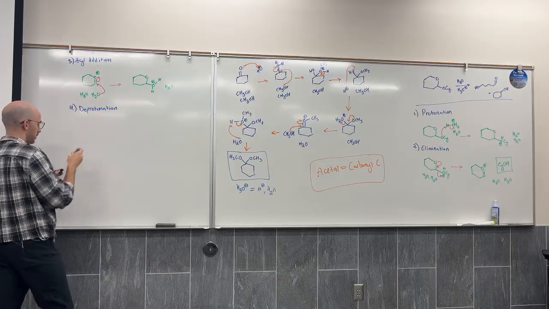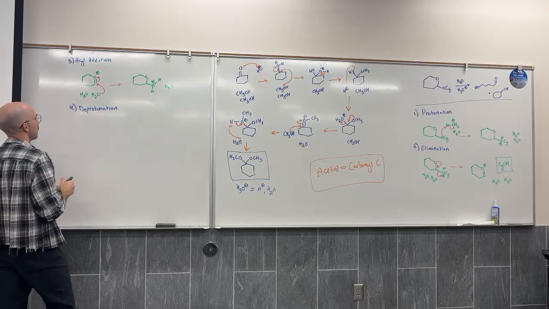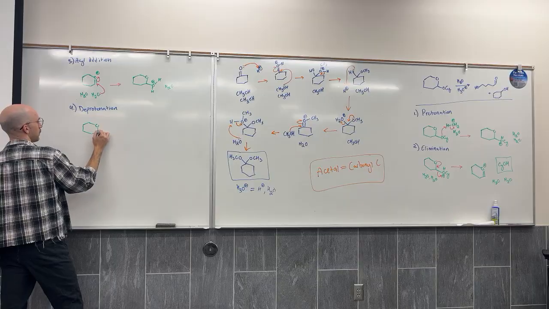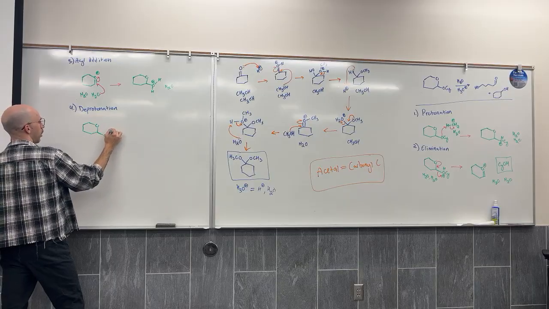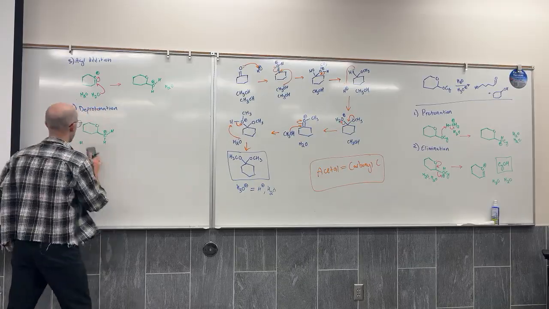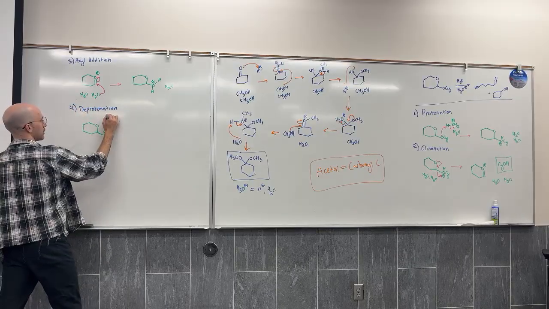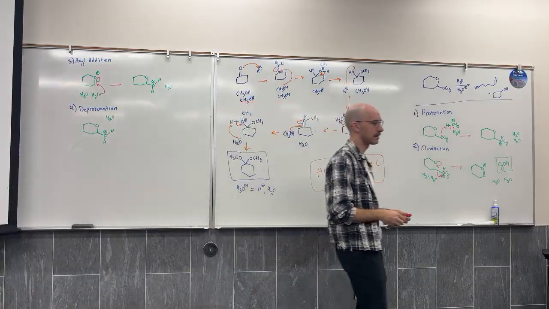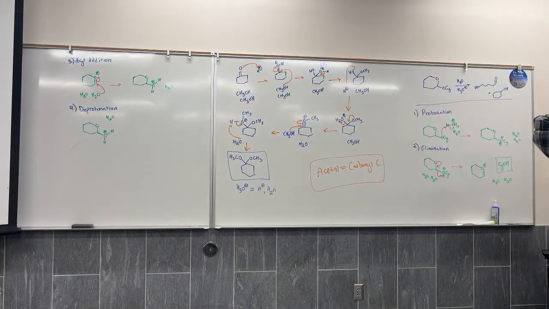When I see that positive charge on my structure, I'm looking for a way to take a hydrogen off of it. If there is no way to take a hydrogen off, it is what it is. But if I can find a way to remove a hydrogen, then I can do a deprotonation step. And that's what we'll see here. Now that water has attacked, I can remove a hydrogen, deprotonate that water.